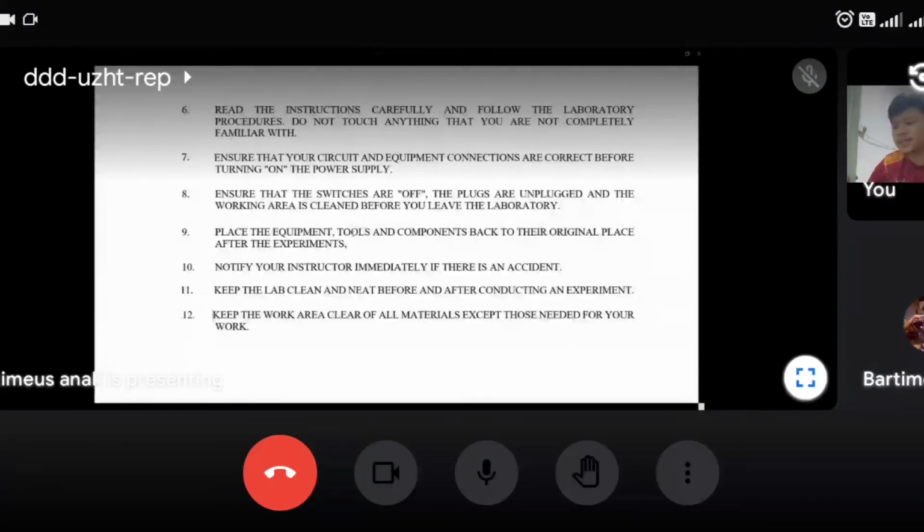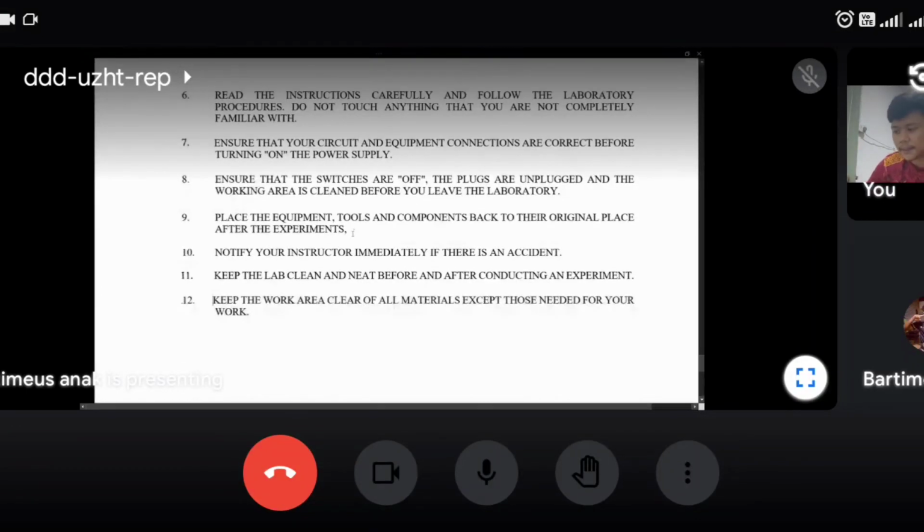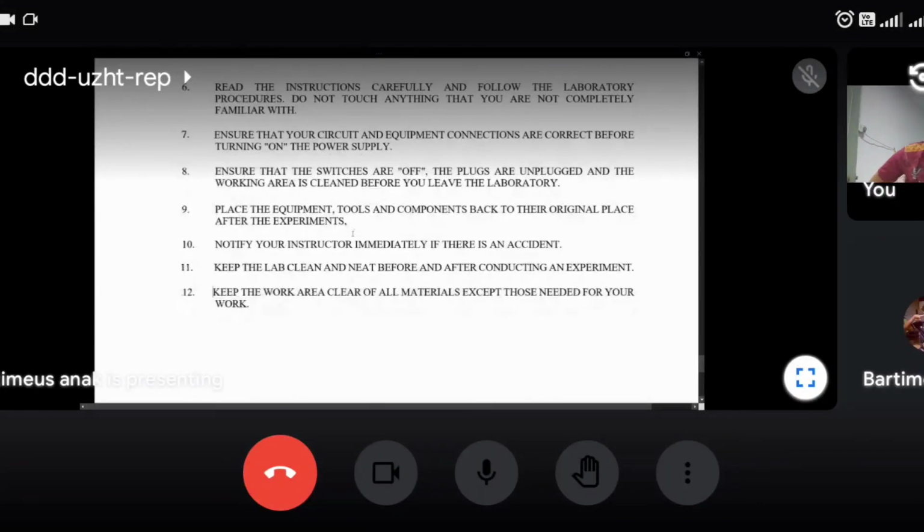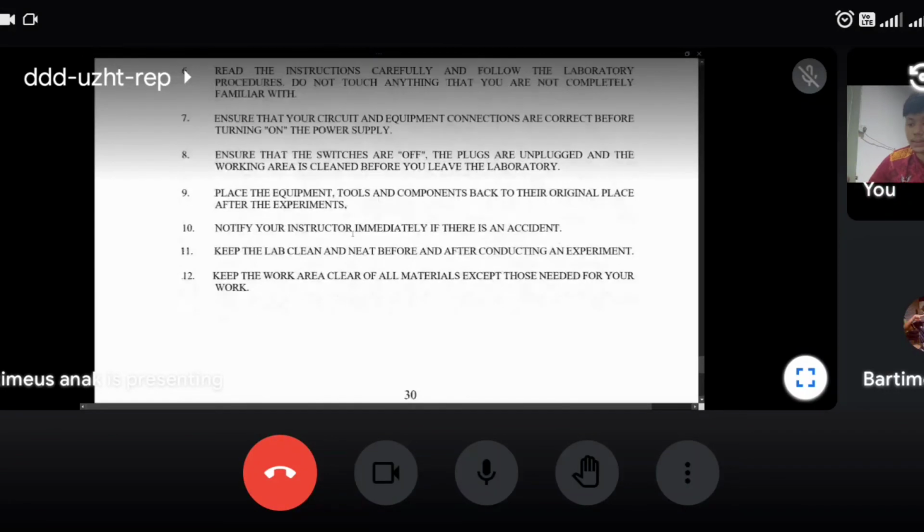Number 7, ensure that your circuit and equipment connections are correct before turning on the power supply. Number 8, ensure that the switches are off, the plugs are unplugged, and the working area is clean before you leave the laboratory. Number 9, place the equipment, tools and components back to their original place after the experiment.